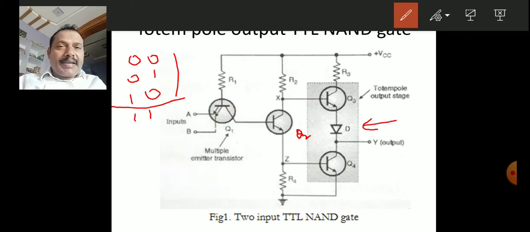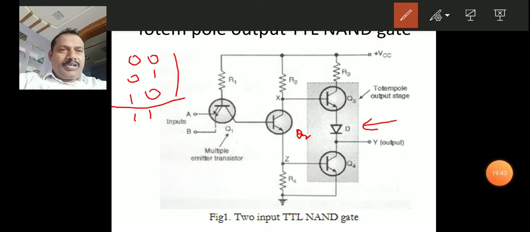In all these three cases, Q1 is conducting, and the base of Q2 is not receiving current. Observe here.